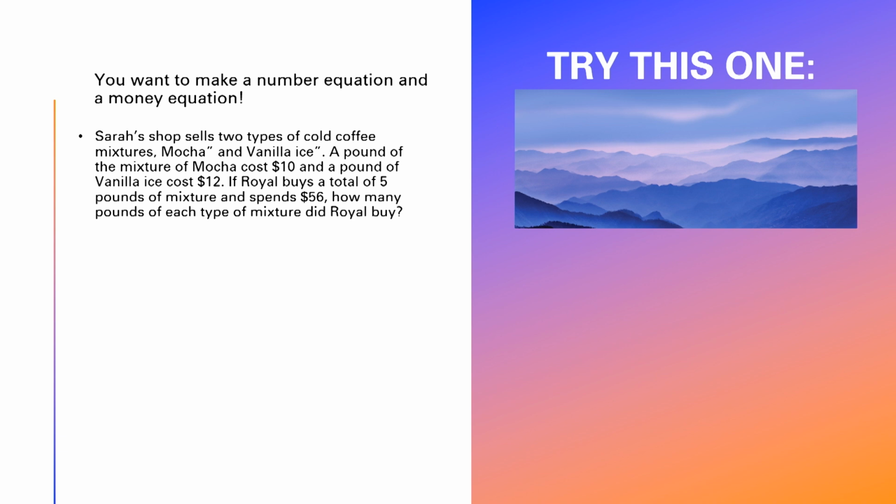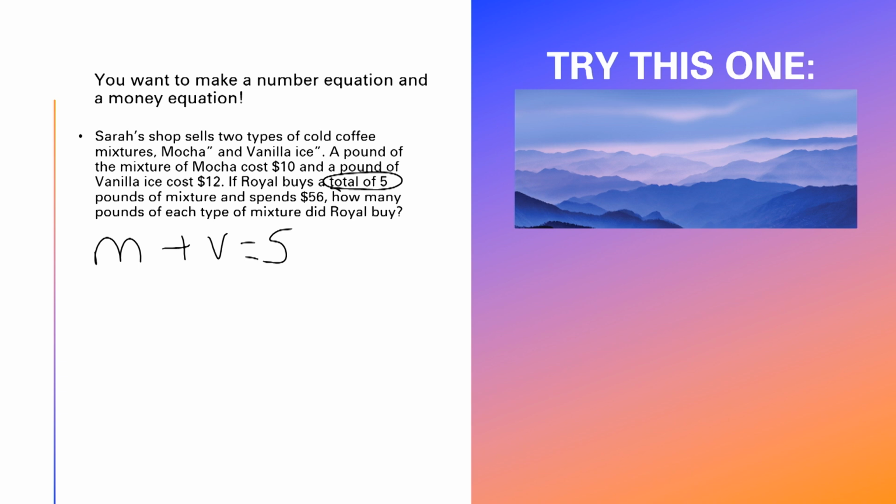So let's go ahead and make our 2 equations and see what we've got. First of all, I know that I've got mocha plus vanilla, and it says that he wants to buy a total of 5 pounds. So there's my first one. Now, number plus number equals number.